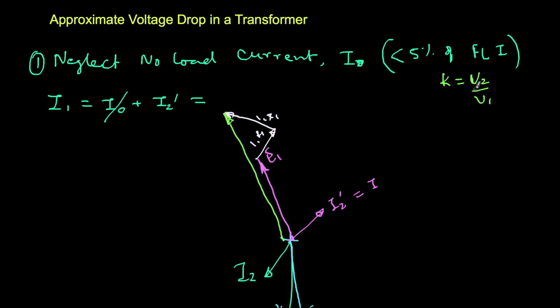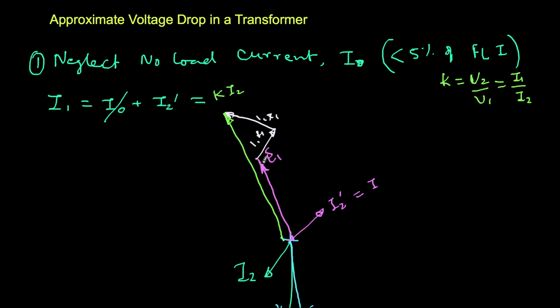If I do it like this, then what will be the I2 dash? I2 dash will be I2 by K, because this will be equal to I1 by I2. If that is the case, then I2 dash is nothing but I1. Yeah, so I think I have written correctly. So this is K into I2.